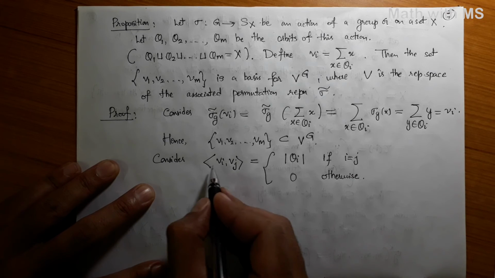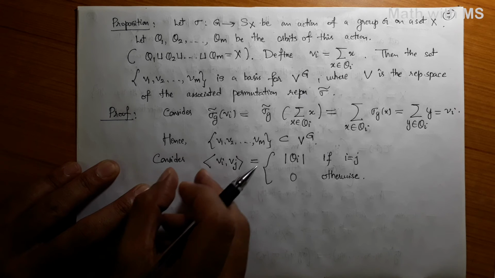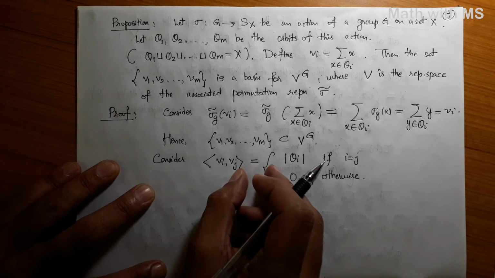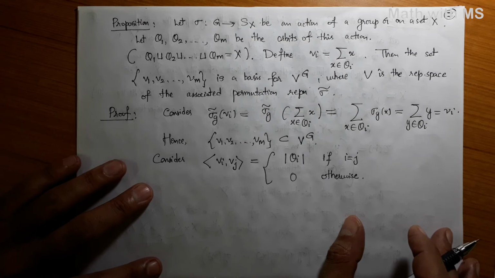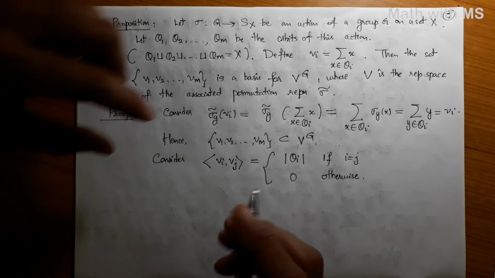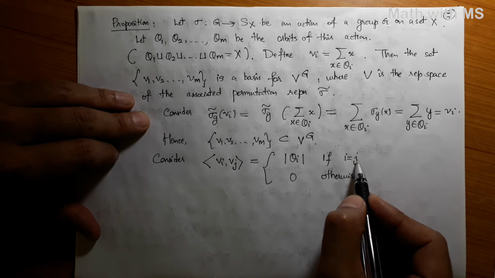The reason is simple: Vi is a certain sum of vectors in one orbit and Vj is a certain sum of vectors in another orbit, and if you take the inner product, which is the standard Hermitian inner product, of their coefficients, because the orbits are disjoint, they do not have anything in common if i is different from j.